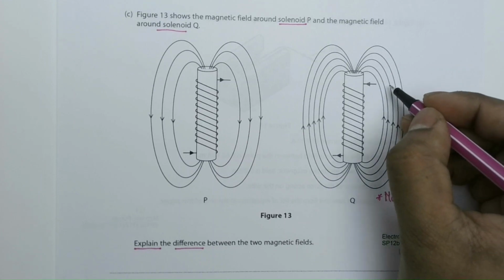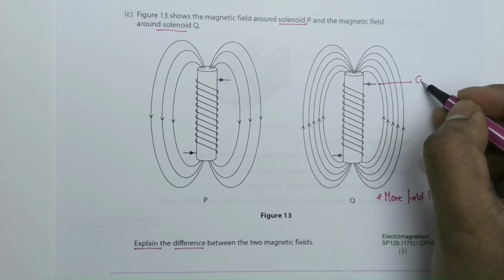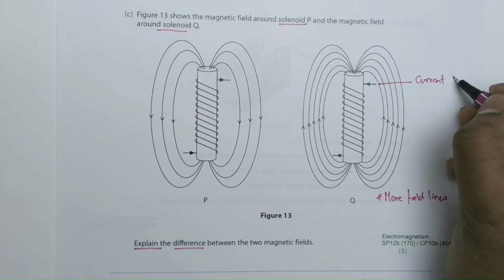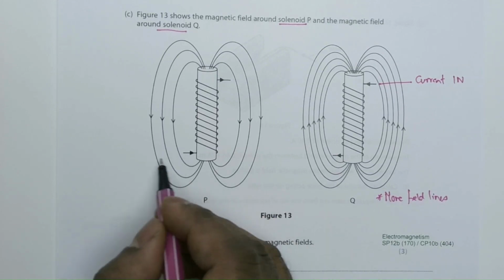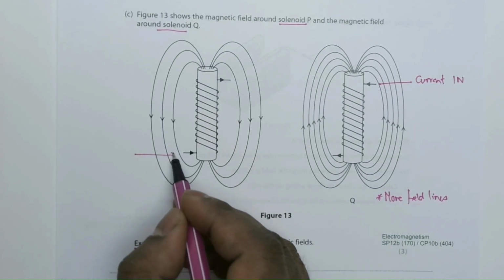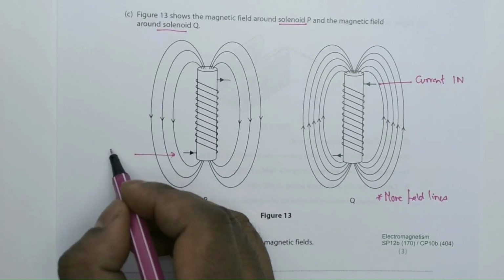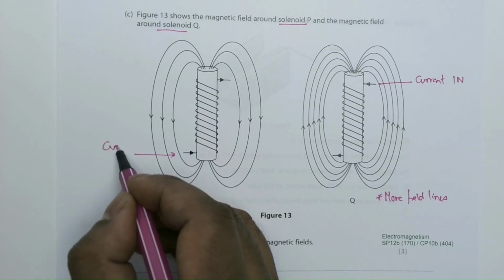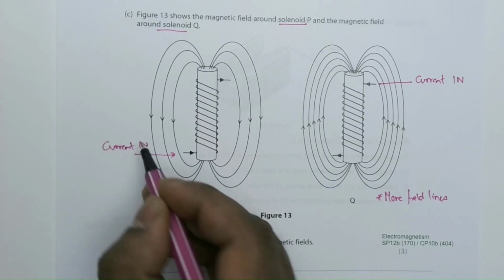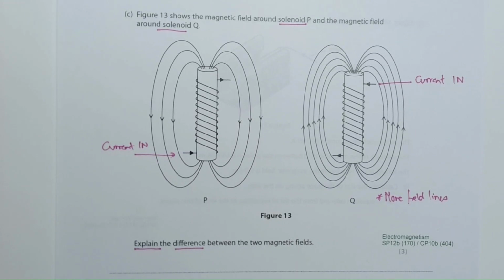So if I say current in, here in P the current is going in from the bottom. Now there's a third difference.